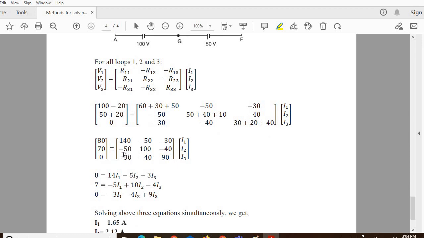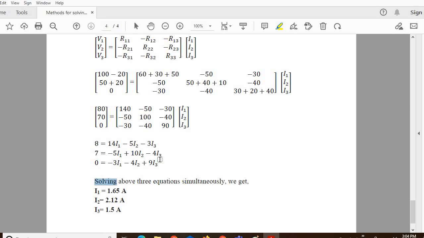Each element of the matrix I can divide by 10. So this 80 becomes 8, equal to 14 I1 minus 5 I2 minus 3 I3. Then I have 7 equal to minus 5 I1 plus 10 I2 minus 4 I3. Similarly 0 will be equal to minus 3 I1 minus 4 I2 plus 9 I3.